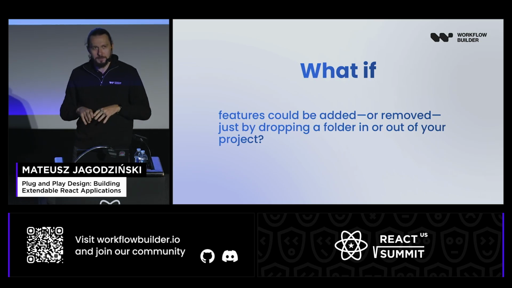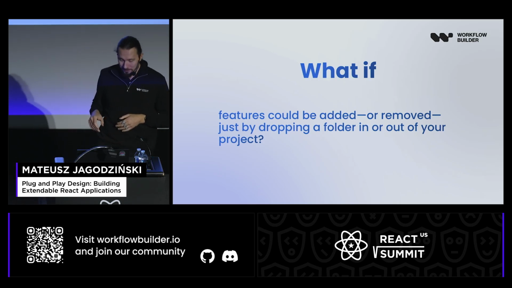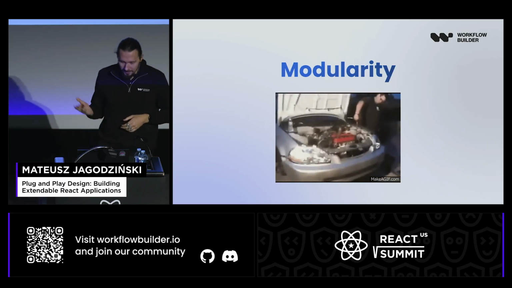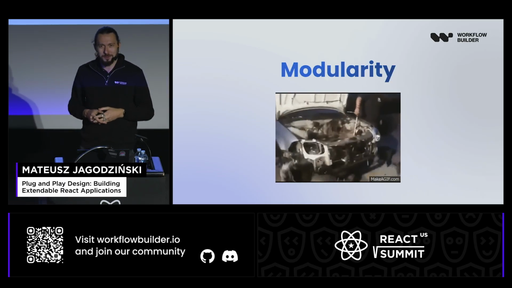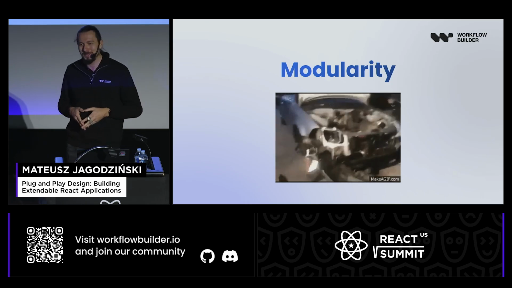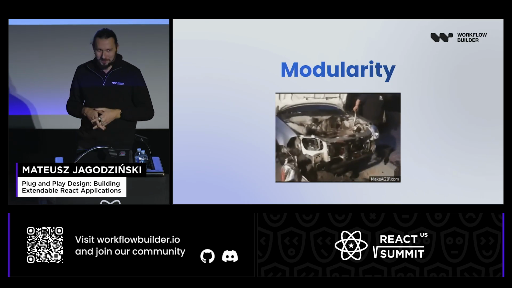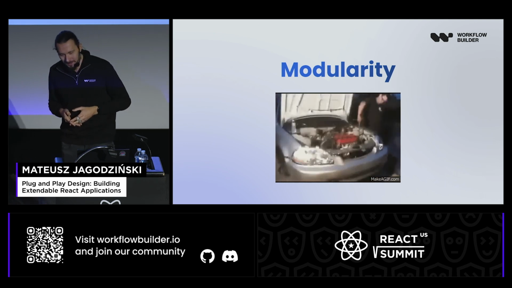Imagine a car configurator where you drop specific components or features within your code. So what if? Well, typically, if we try to remove a folder from a React application, something like on this GIF would happen.